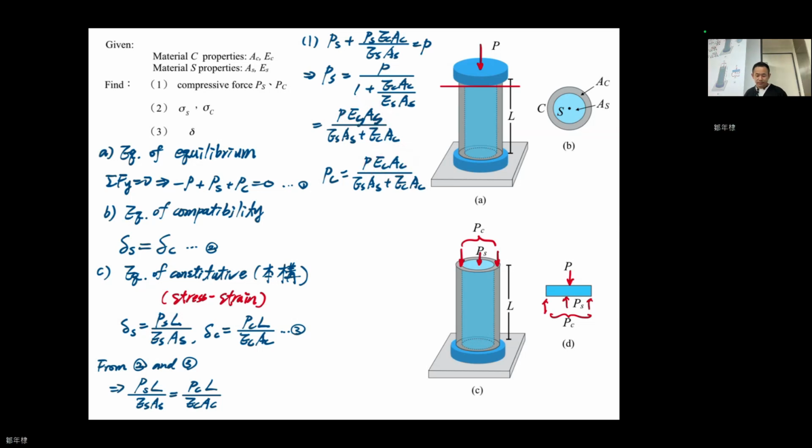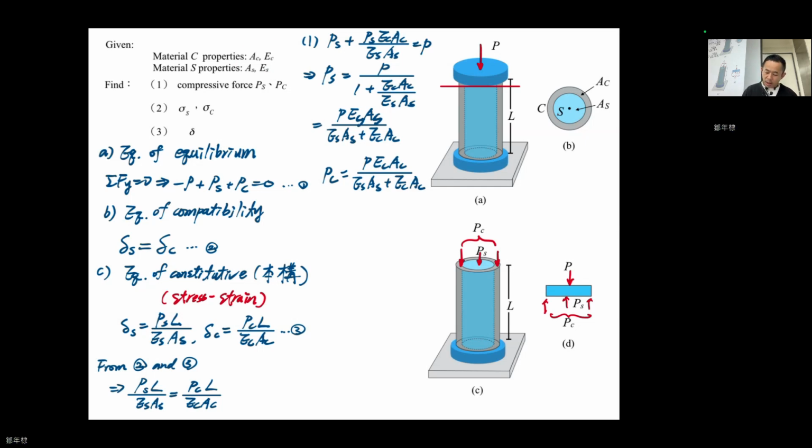Okay, that's it. So you can obtain PC and PS. All right. And suppose P is known, because this is the load you apply, and EC, AC, ES, AS, they are all given by the problem. So this is the first part of the problem.